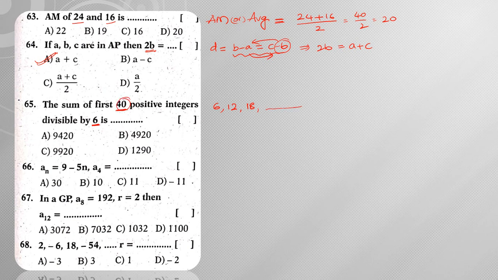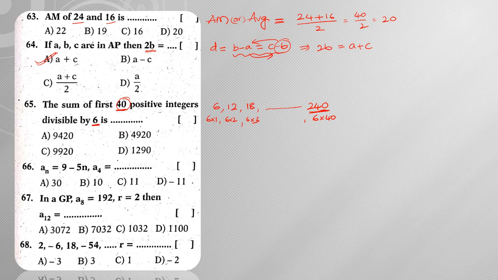Since we need to take the first 40, the last one will be 240. How to get all these? This is 6 into 1, this is 6 into 2, this is 6 into 3. Likewise the 40th one will be 6 into 40. So we got 240 as the 40th positive integer which is divisible by 6.